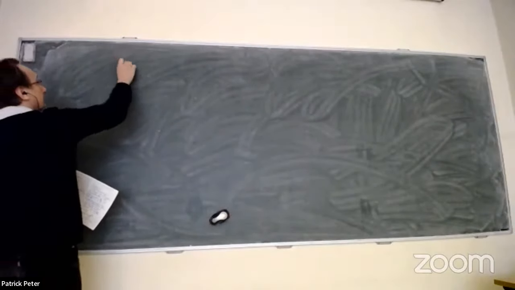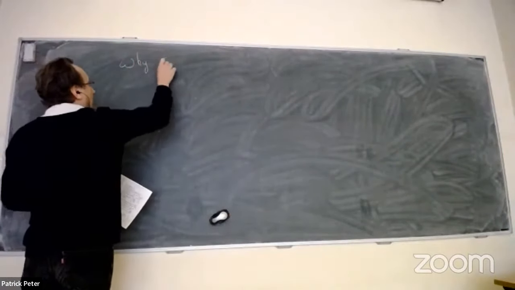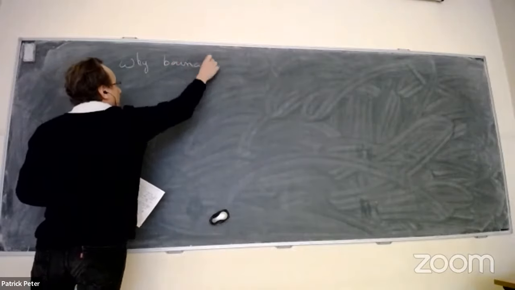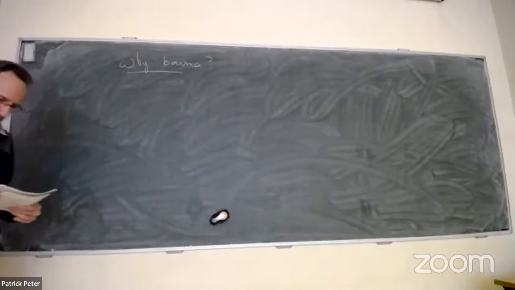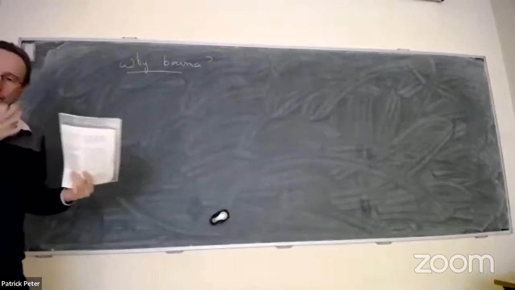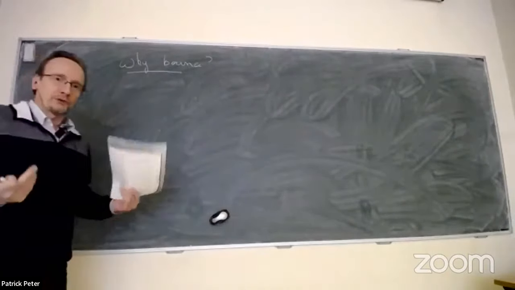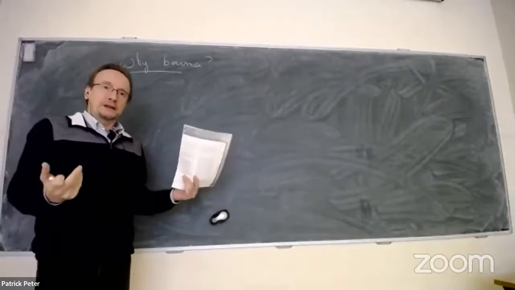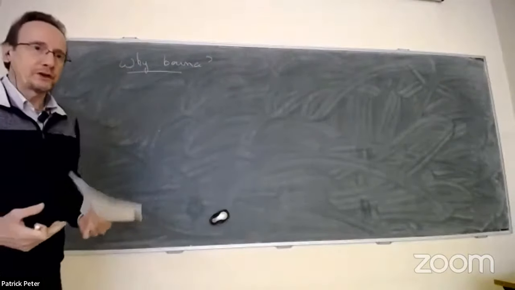I will first begin with why a bounce. Why use bounces? That comes essentially to trying to summarize all the problems of the standard model and to see how you can solve them in the framework of a bounce.